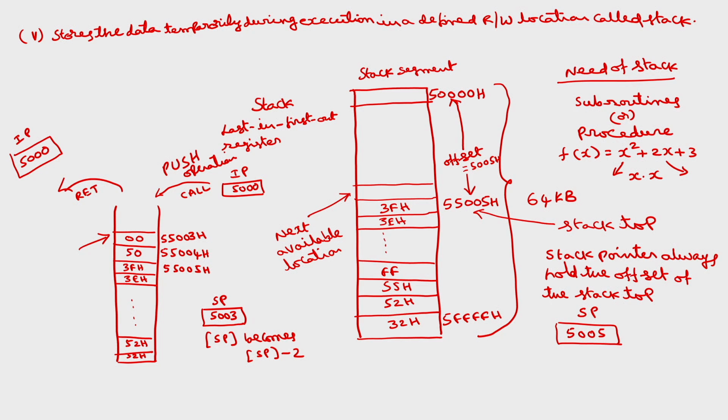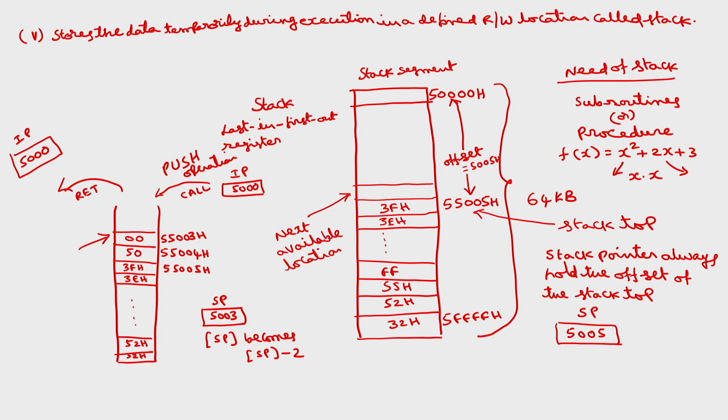If I take this back, as I have told, the push is last in first out. The stack operation operates on the last in first out principle. While inputting, first 50 has been inputted and then 00 has been inputted. So while outputting, first 00 will be outputted, then 50 will be outputted. After that, these two will be empty locations.